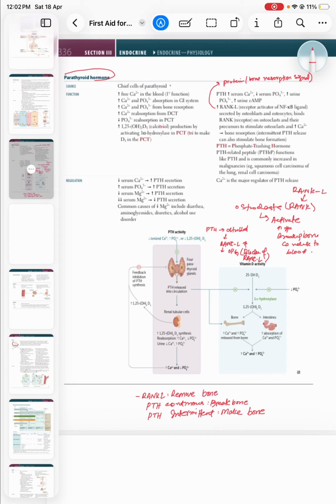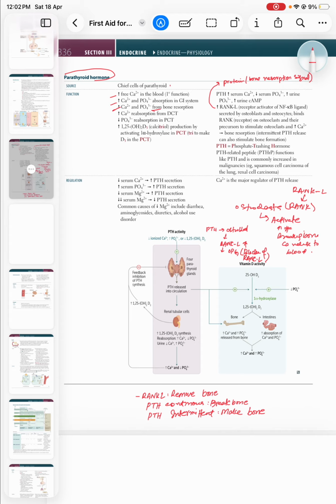Okay, now what are the functions of the parathyroid hormone? It increases free calcium in the blood. The parathyroid hormone increases the absorption of calcium and phosphates in the GI system. Also, it increases calcium and phosphate bone resorption.